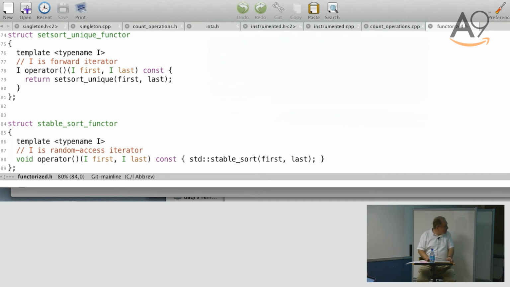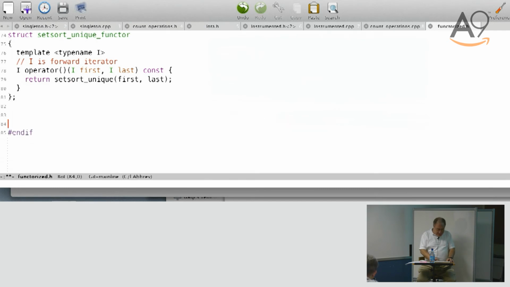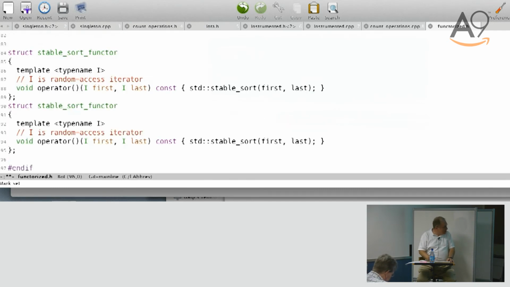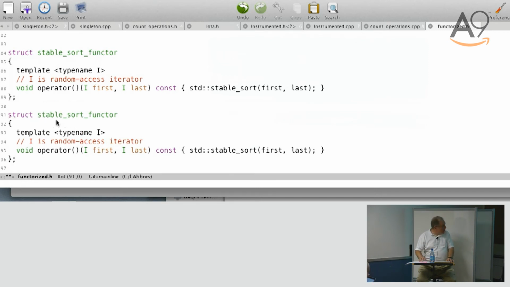Yes, that's a good plan. Let us see. We call it heap sort functor, because it's not going to be partial sort, if you think what I'm saying. Heap sort functor, and it is blah, blah, blah.